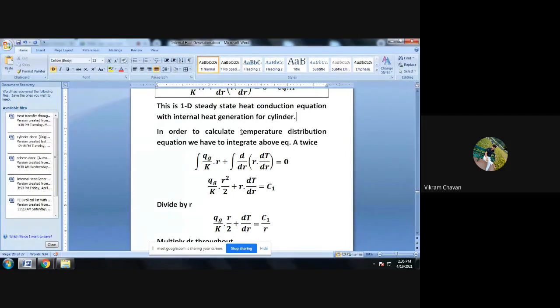That similar methodology we need to apply here to derive the temperature distribution equation.